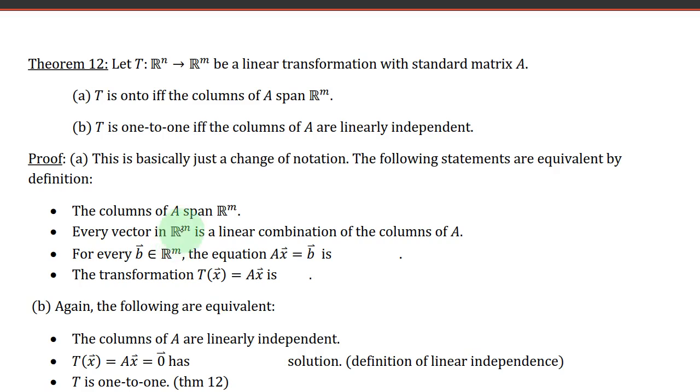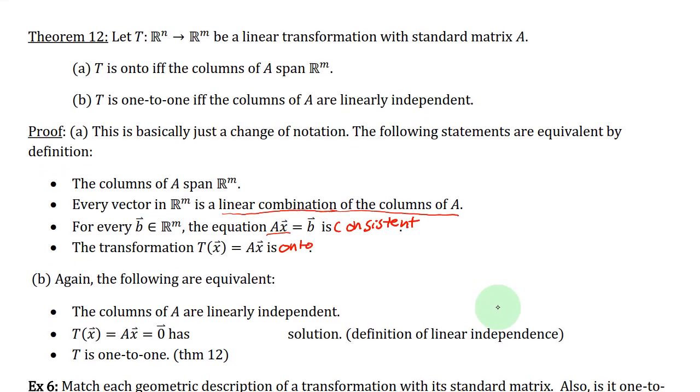That means every vector in R^m is a linear combination of the columns of A. That is another way of saying for every b in R^m, the equation Ax = b is consistent. Remember, A times x is a linear combination of the columns of A. And that's another way of saying the transformation T(x) = Ax is onto. That's the definition of onto. So those mean the same thing.